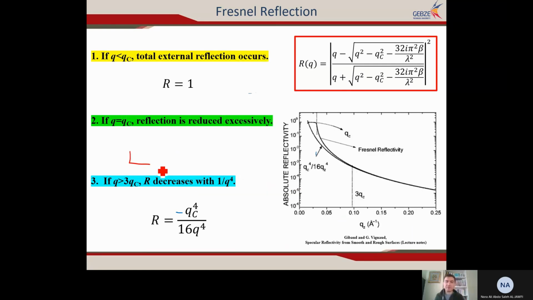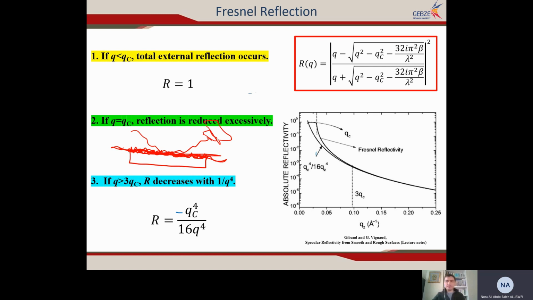But of course, in real cases, we always have some roughness on the surface, and this roughness of course reduces the intensity at the detector. I will talk about this, but the surface is more or less flat. We are not talking about other conditions.